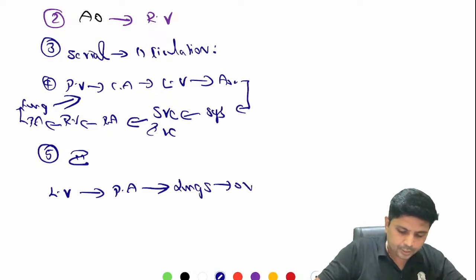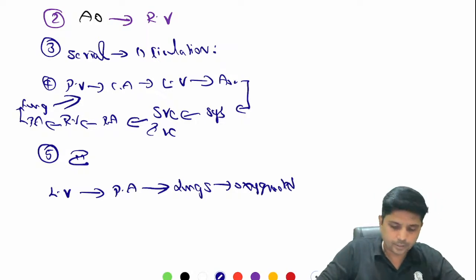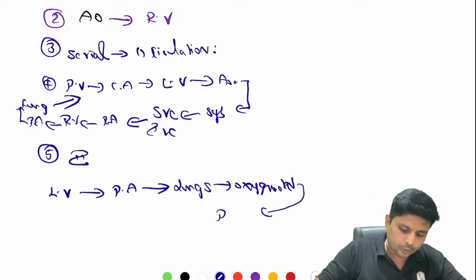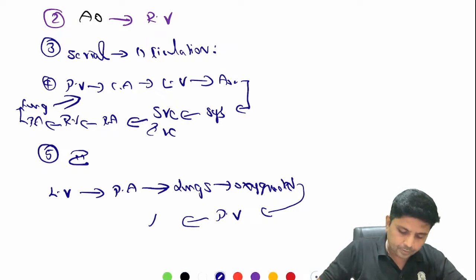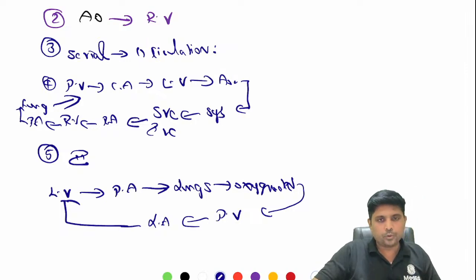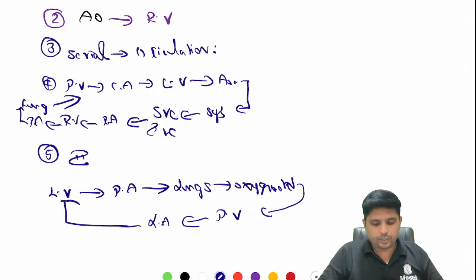It gets oxygenated. Oxygenated blood through the pulmonary veins drains into left atrium and then left ventricle, and then goes into pulmonary artery, this circulation.